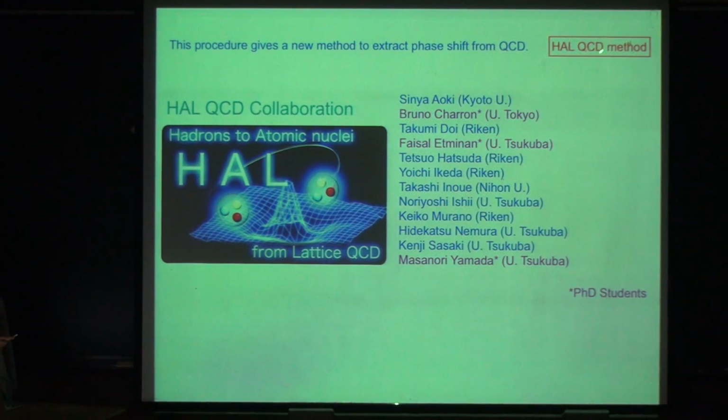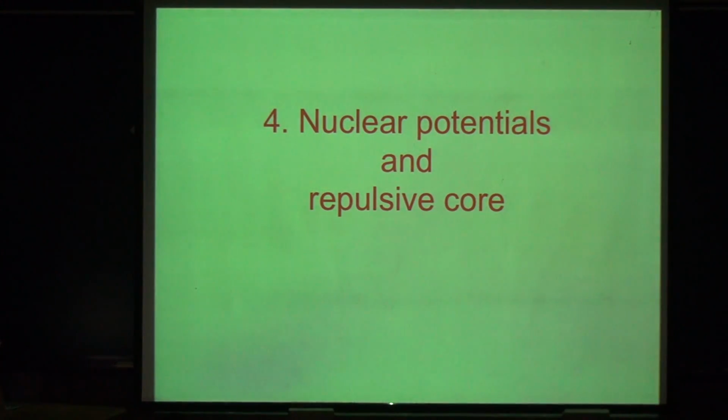We call this the HAL QCD method, and we have the HAL QCD collaboration. These are members of our group, containing 3 PhD students. For the last 10 or 15 minutes, I'll show our results, in particular on the repulsive core.